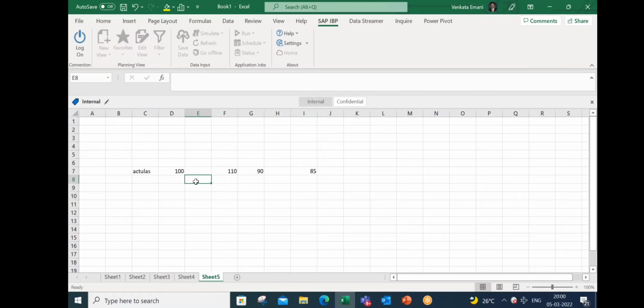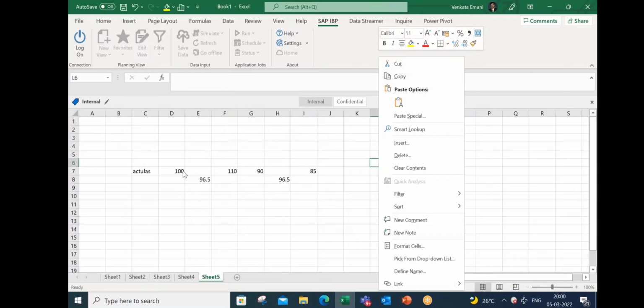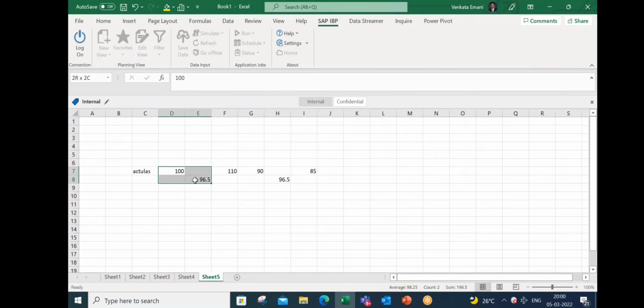Internally it will treat these blanks as 96.25 while generating the statistical forecast. So it will read the history like 100, 96.25, 110, 90, 96.25. It will not replace the blanks in your sales history with 96.25.